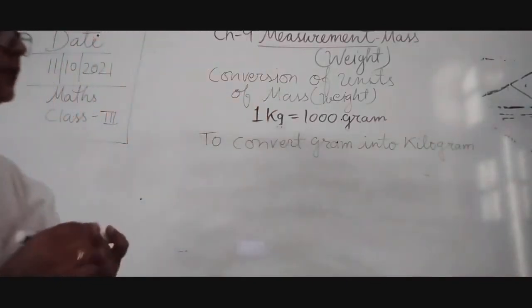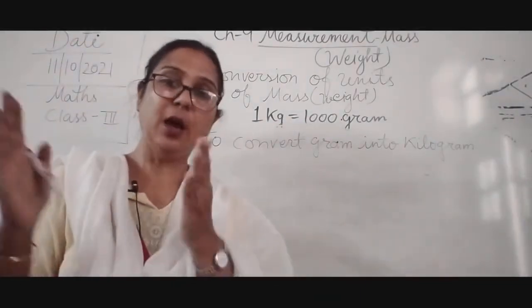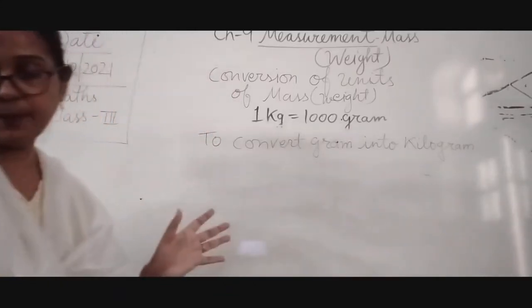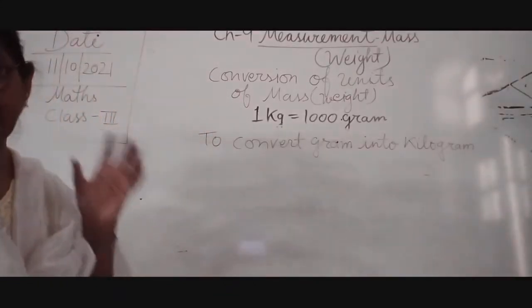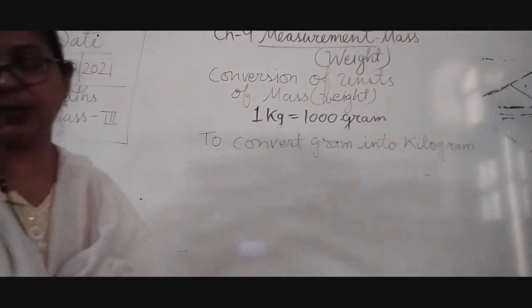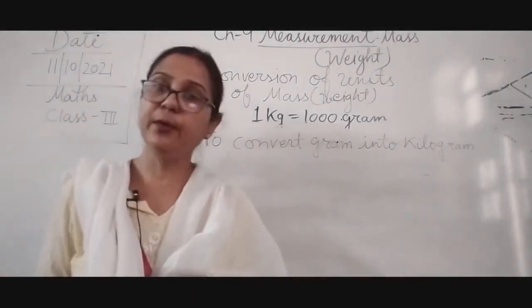For doing this, we just separate ones, tens, hundreds, then we will get kilograms easily. So to convert grams into kilograms or into kilograms and grams, we separate the ones, tens and hundreds digits from the given number of grams.